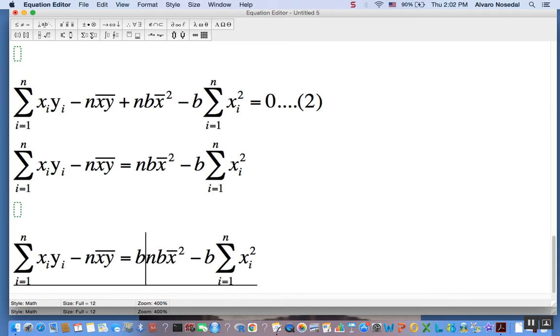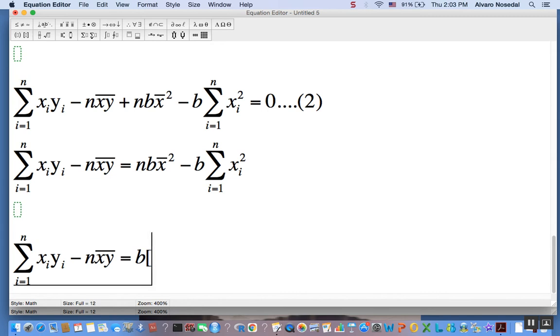So if we factor out that b, what we're going to have is n times x bar squared, right? Let's see. And then, oh, by the way, these guys have to change signs. Since I placed them here, let me modify that.